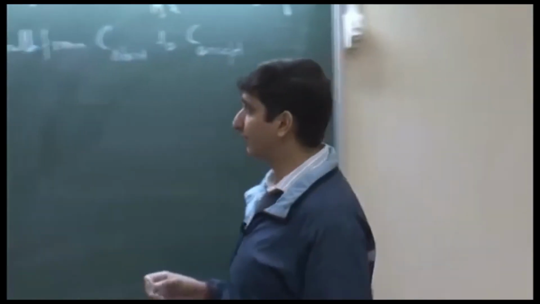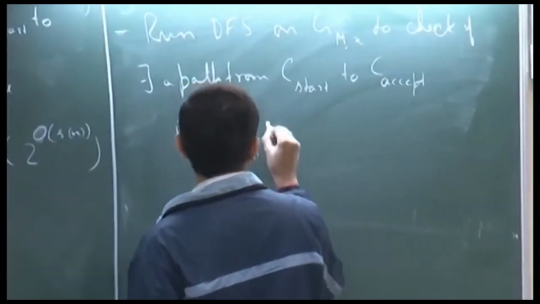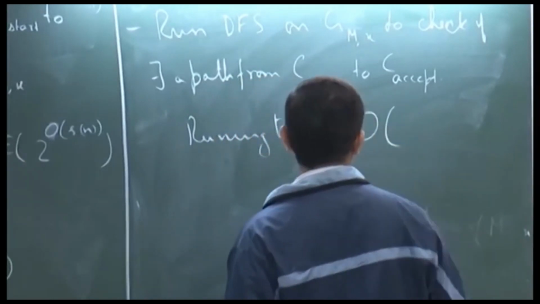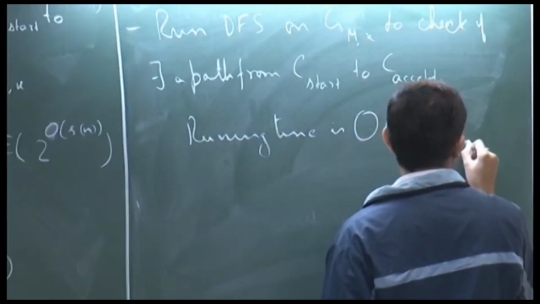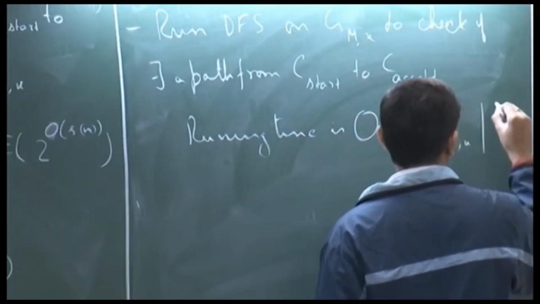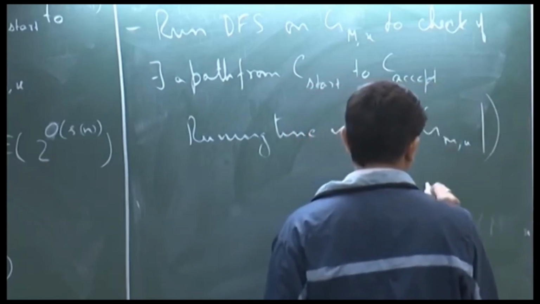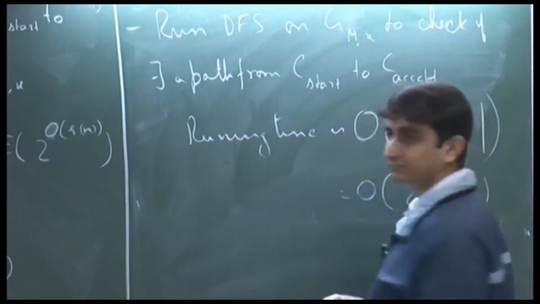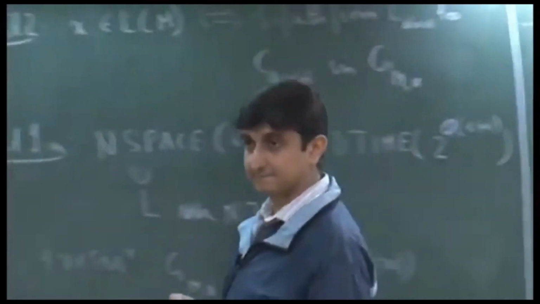So, therefore, running time is big O of the size of this graph, which is nothing but order of 2 to the power s of n. So, that is why it is in this class.